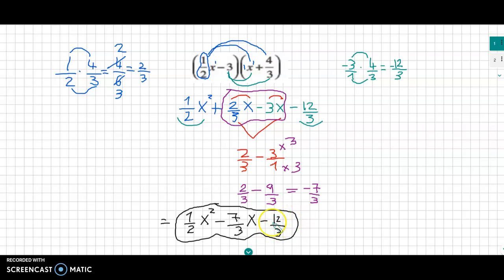Actually, guys, here we could simplify 12 over 3 because they are divisible by 3. So 12 divided by 3 is 4, and 3 divided by 3 is 1. So finally, that will be minus 4 over 1, which is actually minus 4. So we can write the same expression, 1 over 2x squared minus 7 over 3x minus 4. And that will be the final answer, guys.